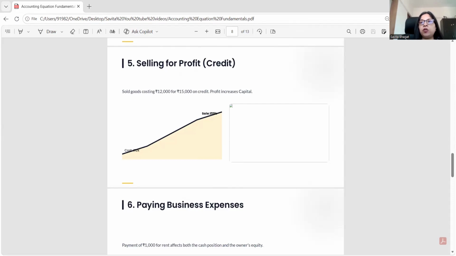This will increase your profit because he has earned a profit of rupees 3,000. The profit accumulates and is added to the capital, so it will increase your capital base. All the retained earnings and profits are added to the capital of the organization.